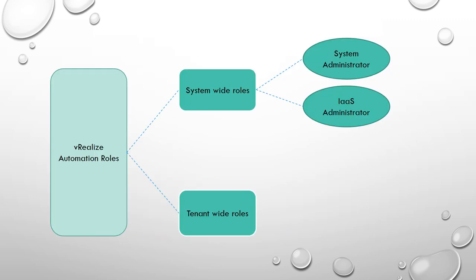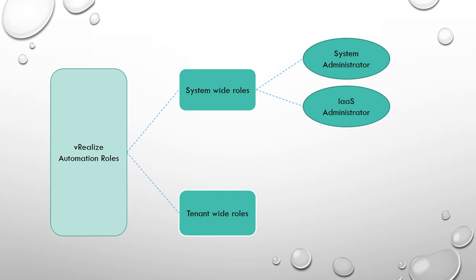The vRA Automation roles can be divided into two parts, the system-wide roles and the tenant-wide roles. As you could have guessed from the names, if you have an IQ of above 42, this classification of roles also defines the level of management that the role provides.